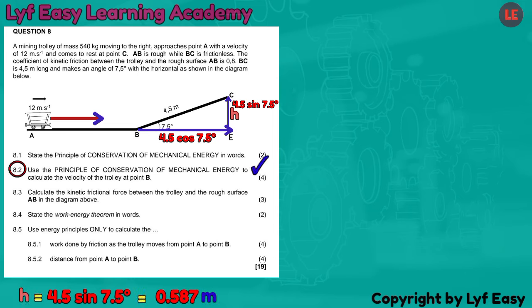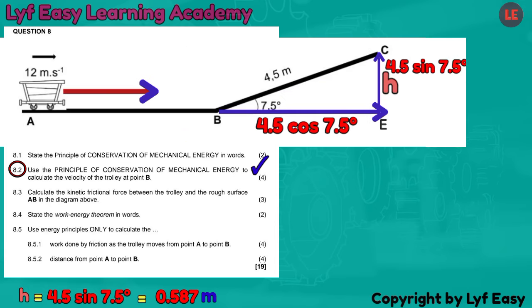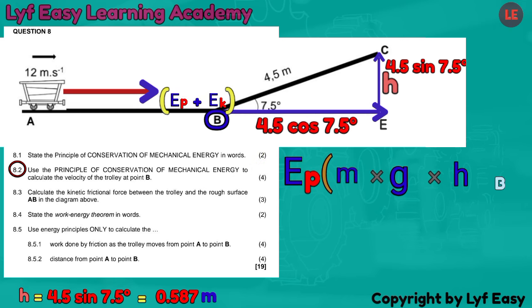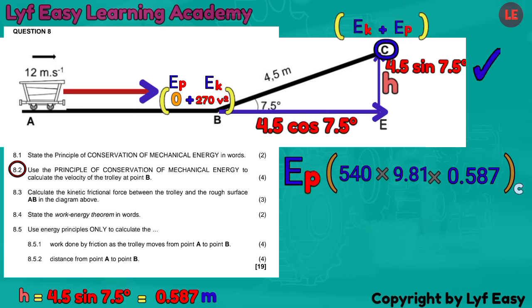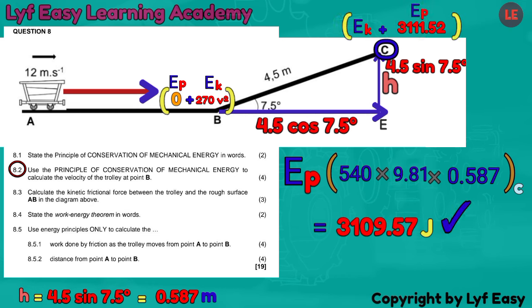On 8.2, we are requested to calculate the velocity of the trolley at point B. When we apply potential and kinetic energy at point B, the potential energy becomes zero, because the height is zero. In kinetic energy, the velocity is what we are looking for. Then at point C, we have a height, which means the potential energy at point C is not zero.